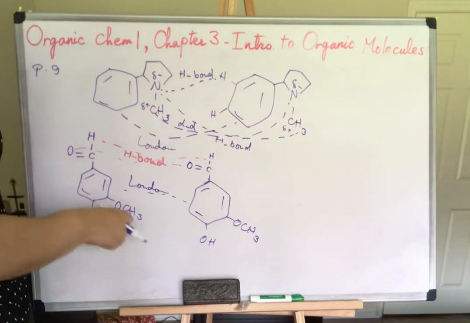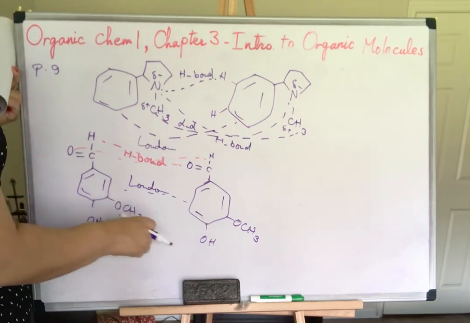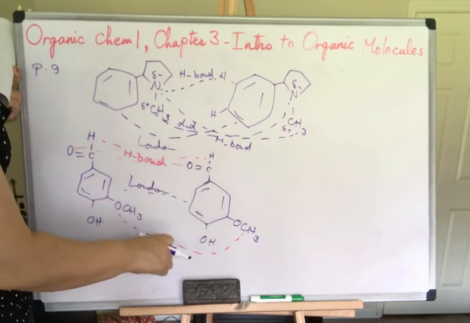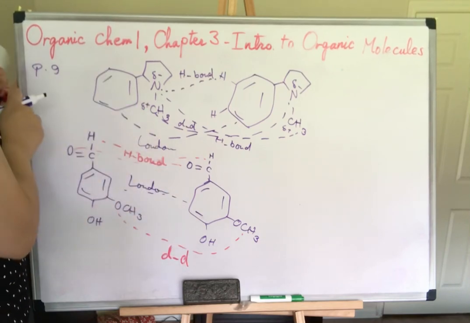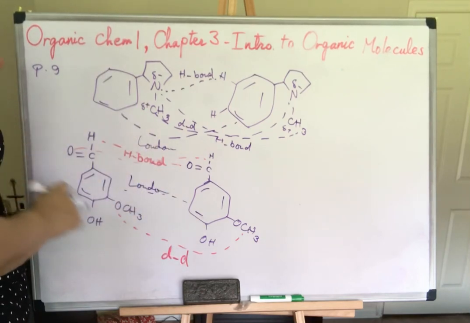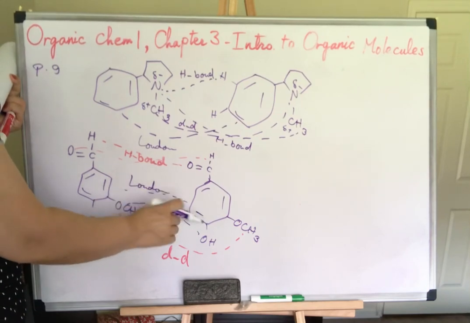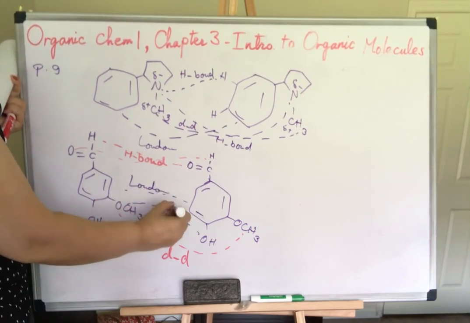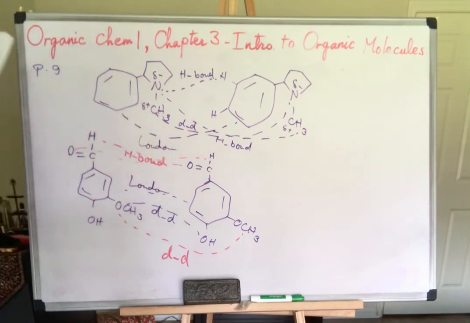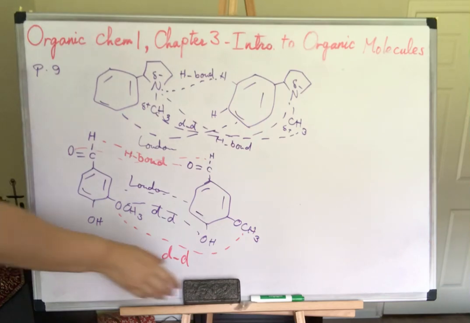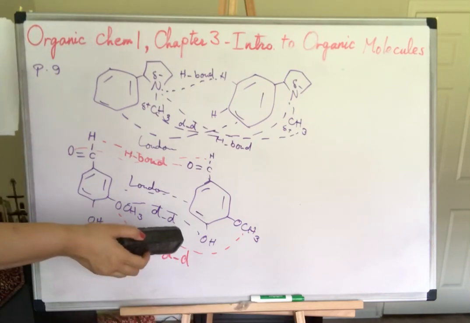Between the oxygen and carbons, you see dipole. Oxygen and carbon also, you see dipole-dipole. So this is a very good molecule to show all of these intermolecular forces. So that's how you can work on aspartame.